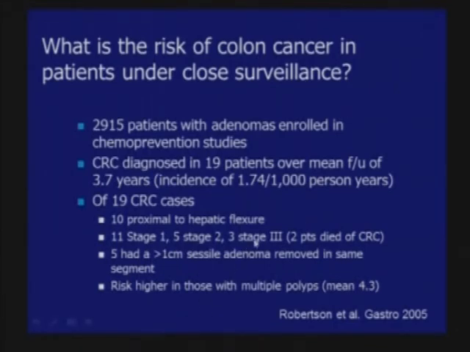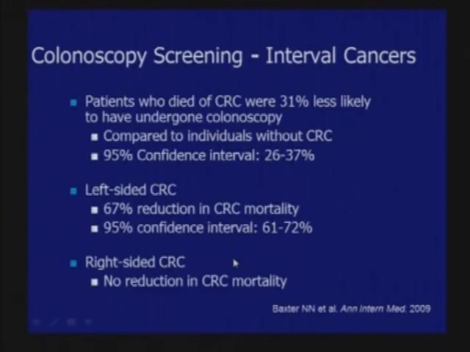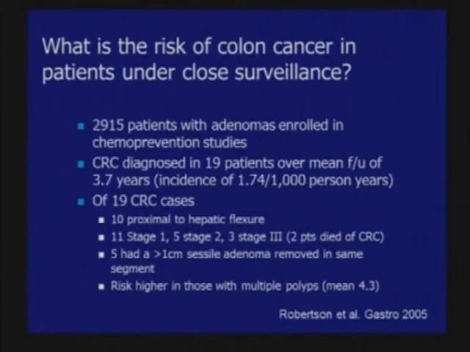These tended to be right-sided cancers, proximal to the hepatic flexure. They were early stage, but there were also several late stage cancers that had been missed. 5 of these patients had a large adenoma that was removed piecemeal in the years before, and the risk of an interval cancer was higher if you had multiple polyps in your initial colonoscopy than afterwards.